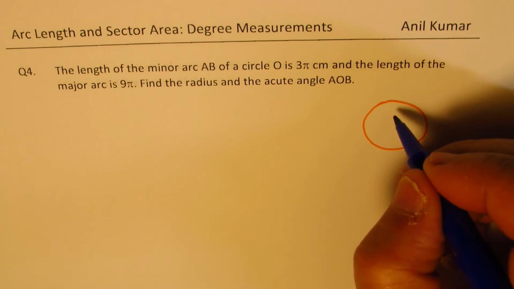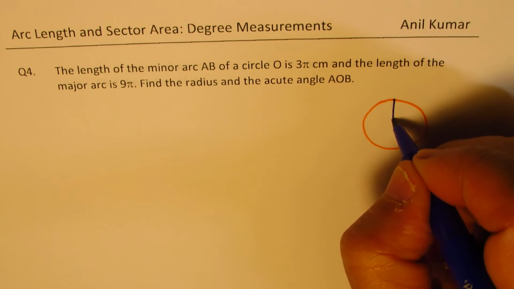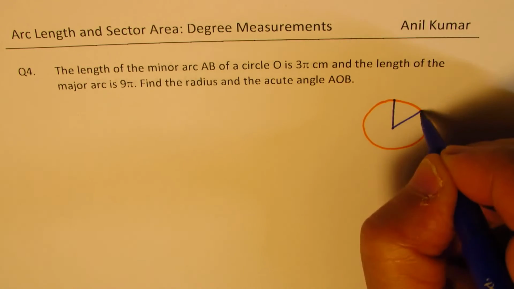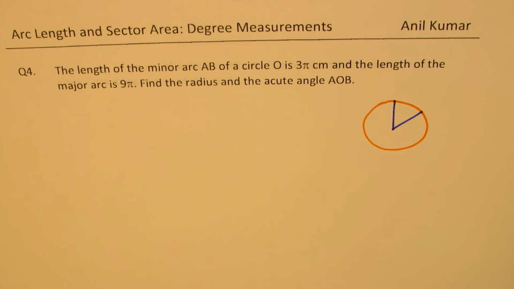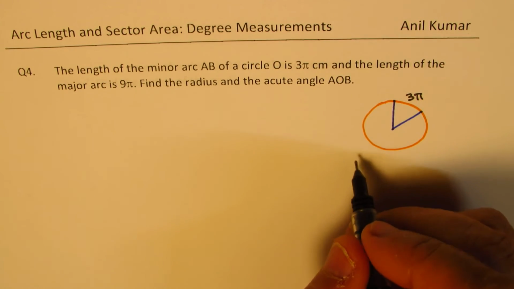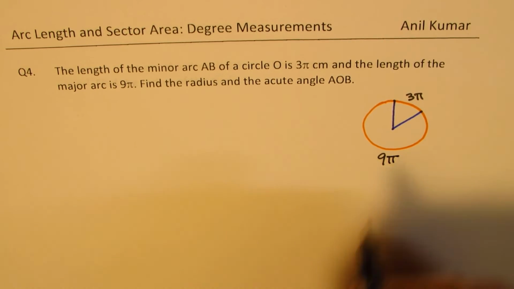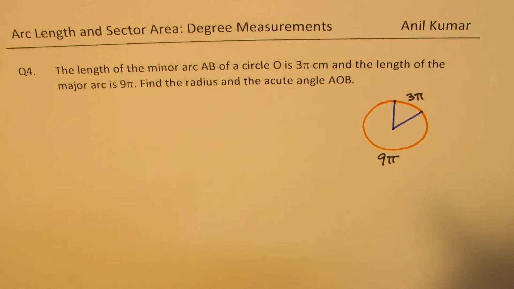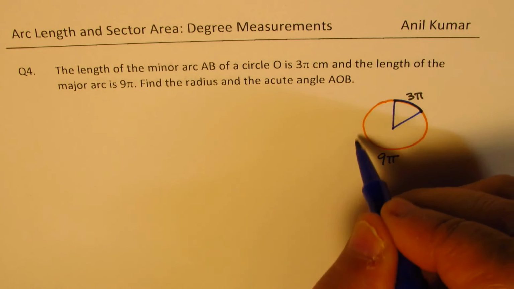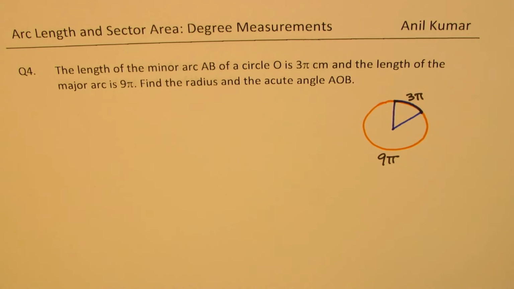Okay. So minor arc means smaller angle, acute angle, correct? So we are saying this is the minor arc, which is 3 pi, and that is the major arc, which is 9 pi. Correct? So that is the minor arc and the rest is the major arc. Do you get the idea?